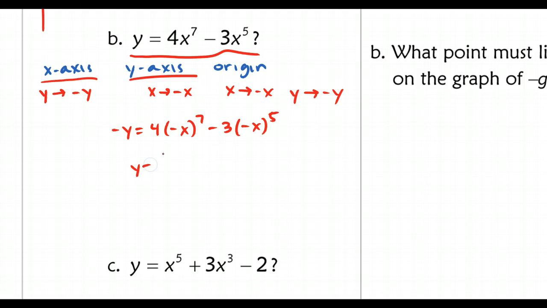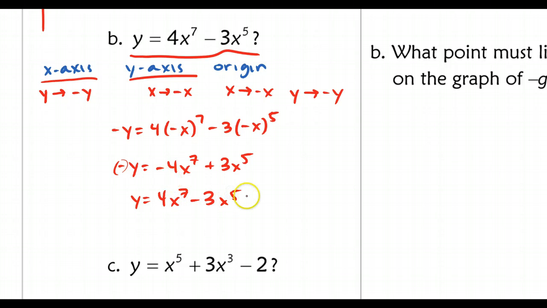And if I solve, let me simplify first and then I'll divide out that negative. I get negative 4x to the 7th and positive 3x to the 5th. But I still have to get rid of this negative sign, so I'm going to divide out that negative to get positive 4x to the 7th minus 3x to the 5th. So as you can see, I get the exact same equation that I originally started with, so it is symmetric with respect to the origin.